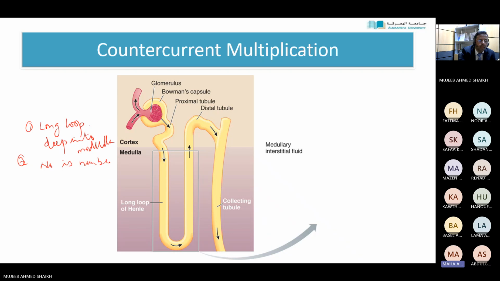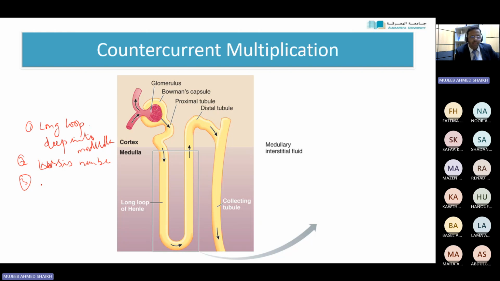The glomeruli of the cortical nephrons will be at the outer layer of the cortex. What about blood supply? It will be more for the cortical nephrons, 90%, and less for the juxtamedullary.